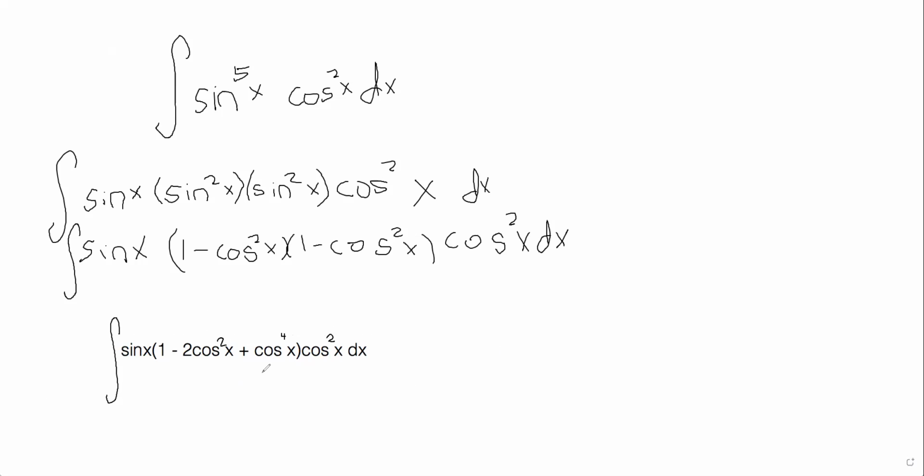So the next thing we want to do is distribute the sine of x to all 3 of our terms on the inside of the parentheses, and we also want to distribute the cosine squared x to all 3 of the terms. So let's see what that part would look like.